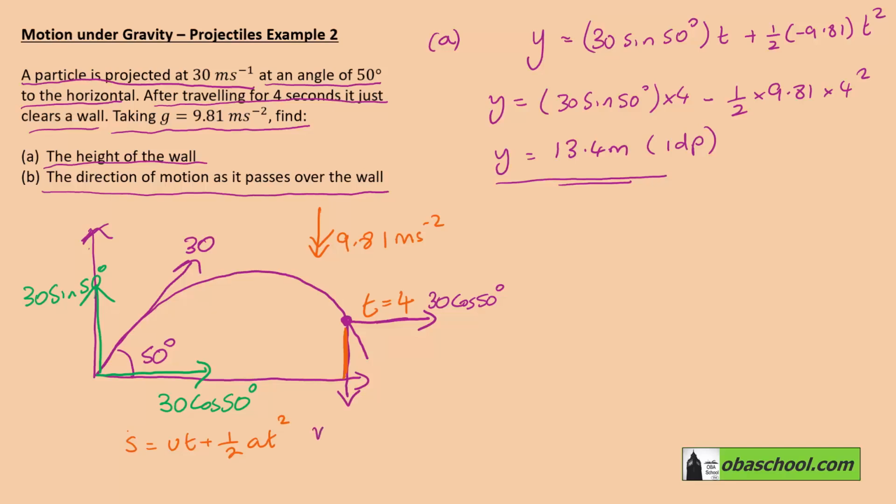Now if we use v equals u plus at, then vy is going to be 30 sine 50, take away 9.81 times 4.